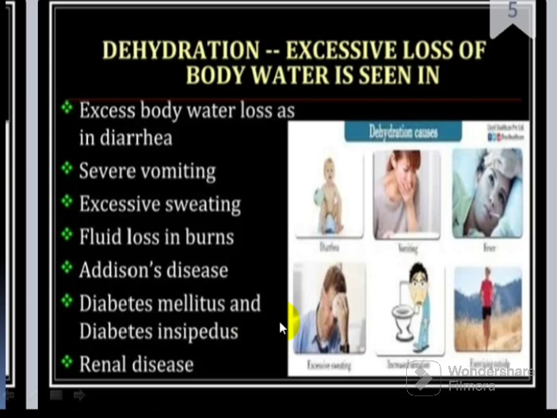But diabetes insipidus, what does it mean? Deficiency of ADH, vasopressin, antidiuretic hormone. Names have meaning.